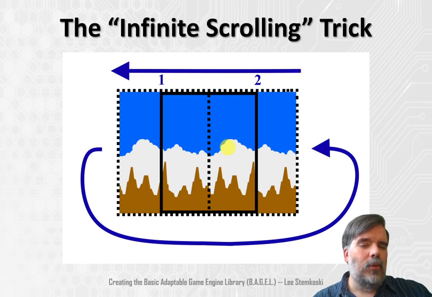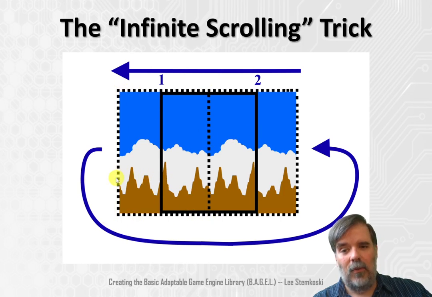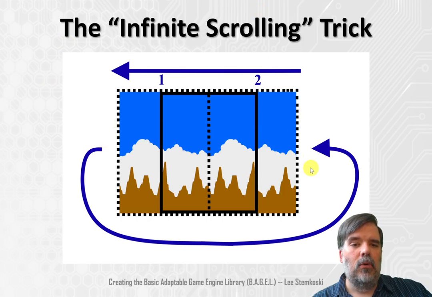Now there are two ways we can do this. We could have two separate images and they're both traveling from right to left, and then once the first image has gone all the way past the boundary of the window, which is outlined in a thick black line, then we could have it move and shift itself to the right.